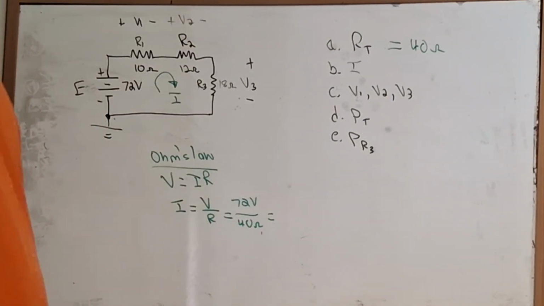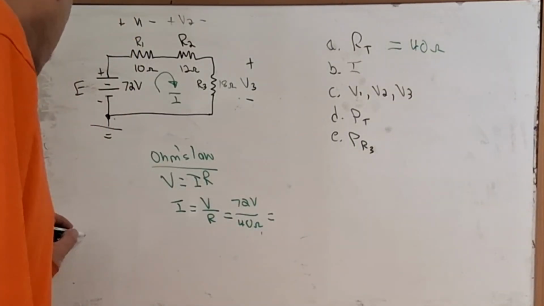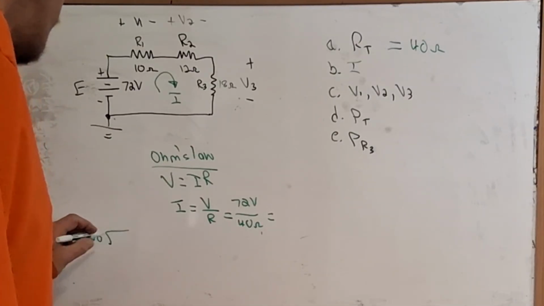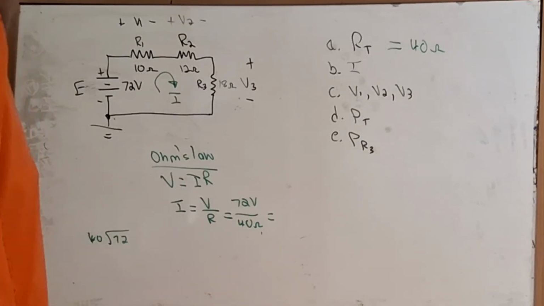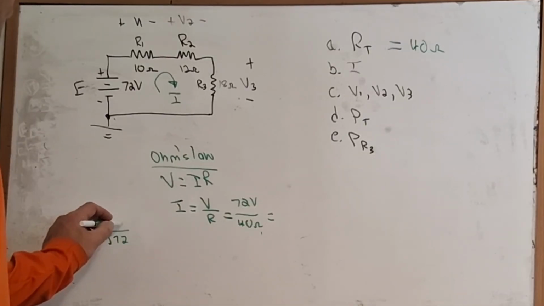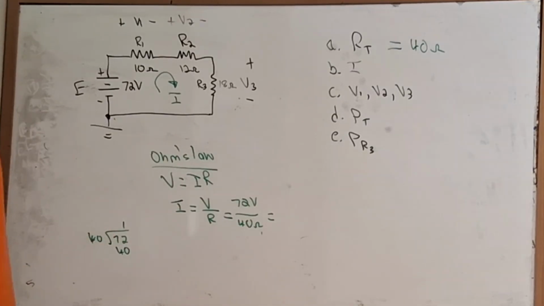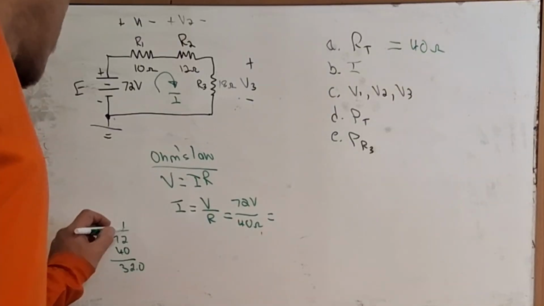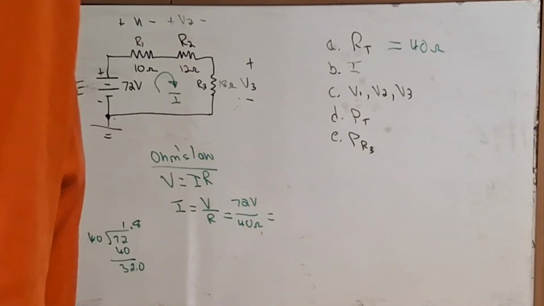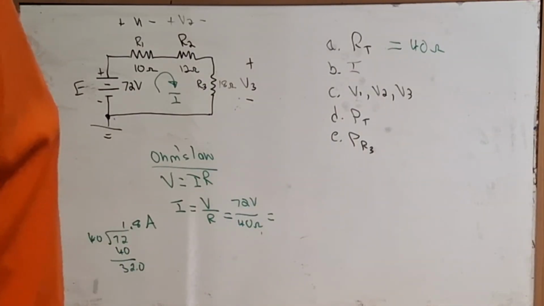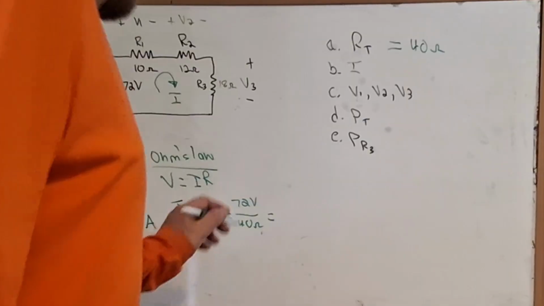Now, I don't have my calculator handy with me, so I'm going to try to do this by hand. 40 goes into 72 once. And then we get 32, and then 40 goes into that 8 times, so 1.8 amps. 8, 16, 24, 32, right? So this is 1.8 amps.